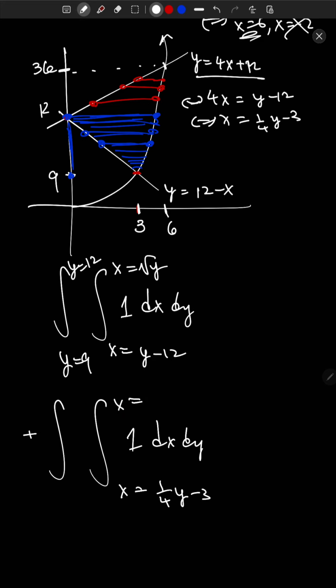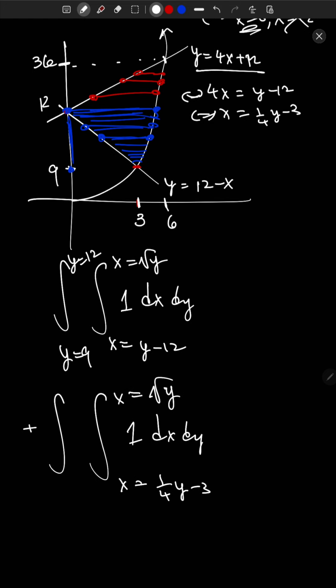And our upper limit of integration was x equals still the parabola, square root y. And again, it's positive square root y because we're looking at the right side of the parabola in the first quadrant. And this is going to be y equals, like we said, we want to start this time at 12 with our horizontal lines. And we want to go all the way up until we get to this intersection point, which we said was at 36. So 12 to 36.